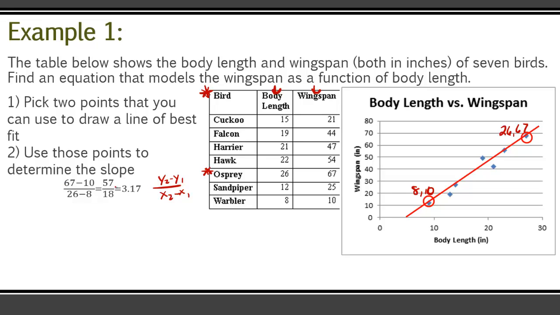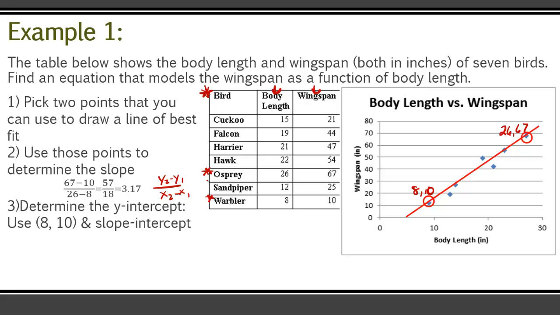So we did 67 minus 10, and then 26 minus 8. Since I did the 67 first, I had to start with the 26, which gave me 57 over 18, and when you divide 57 by 18, you get 3.17. So that's our slope. Now to determine the y-intercept, you pick another point that's on that line.